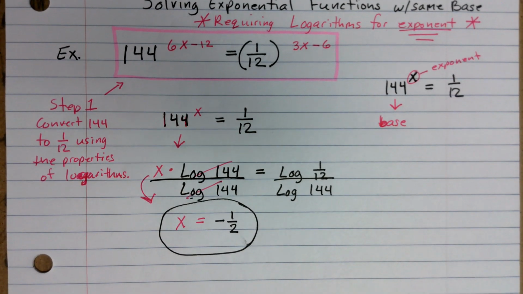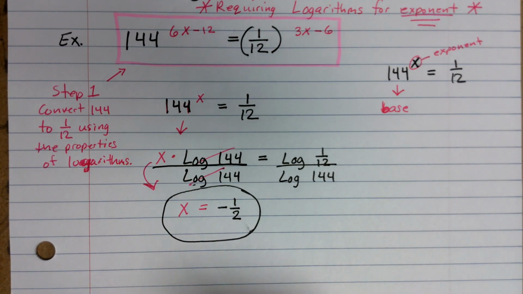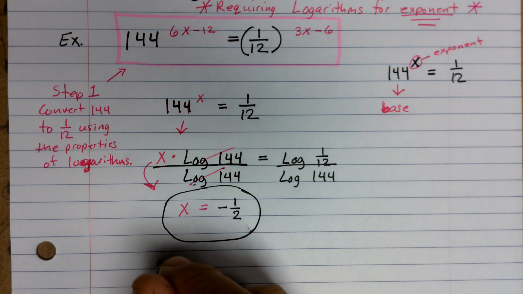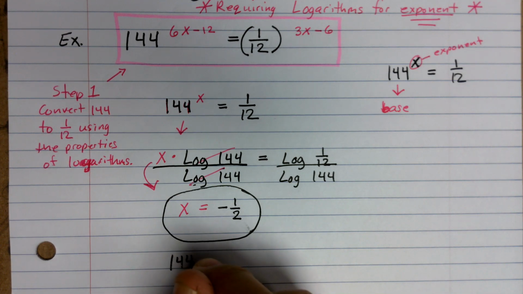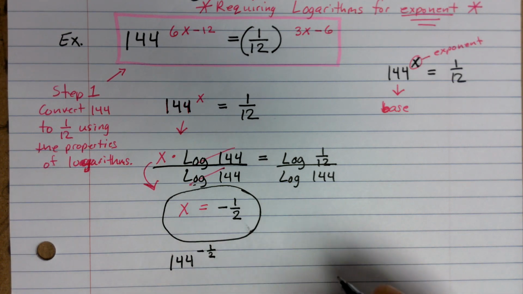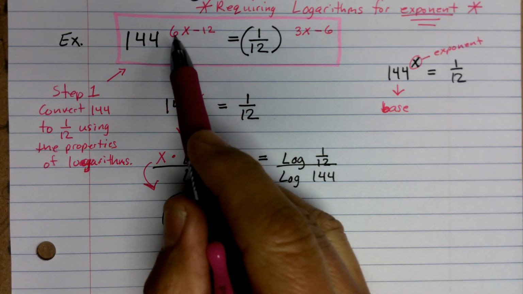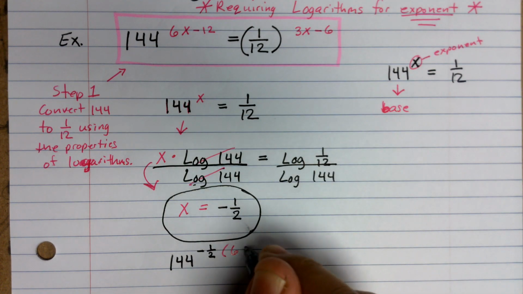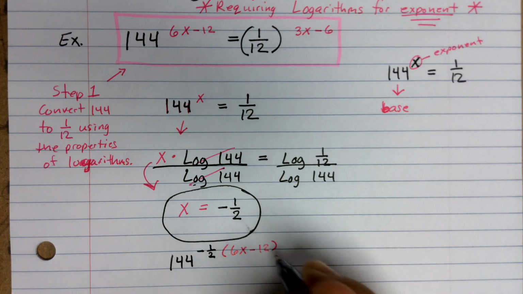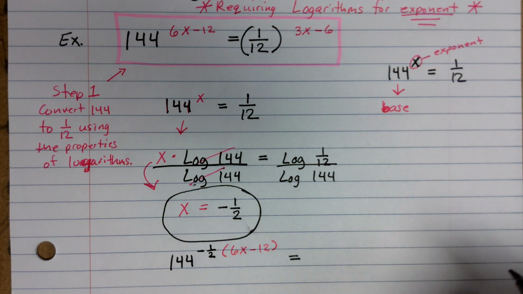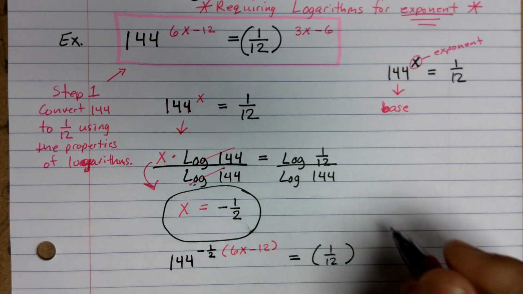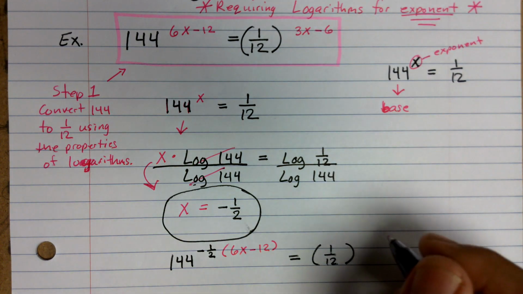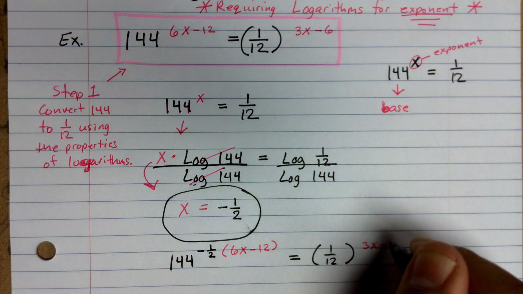So now I know what my exponent is, so I'm going to rewrite this. This is actually going to be 144 to the power of negative 1/2, and then I'm going to write the rest of this expression, 6x minus 12, and that will be equal to 1/12 to the power of 3x minus 6.